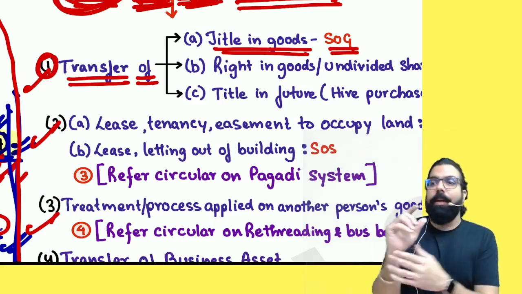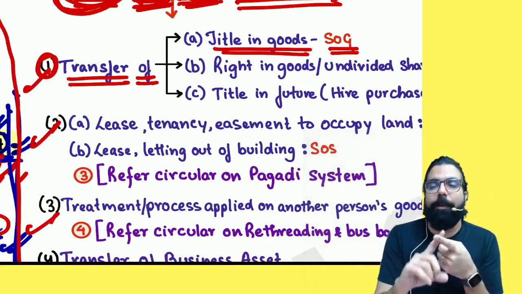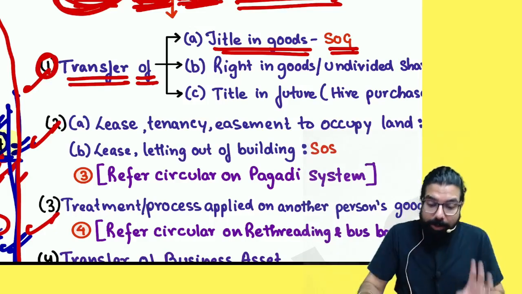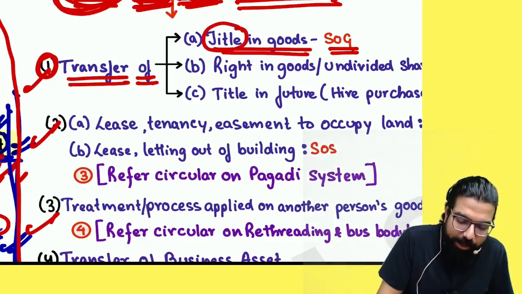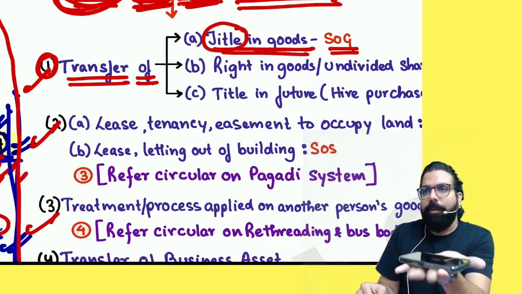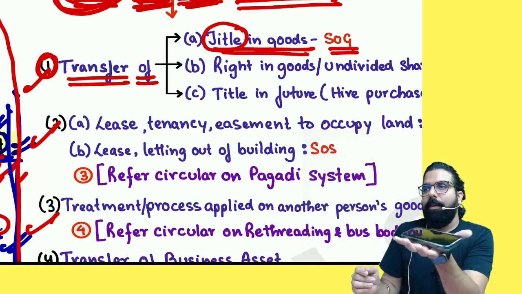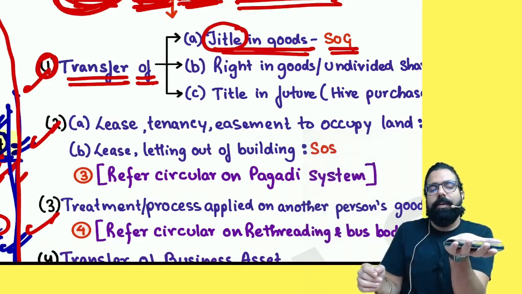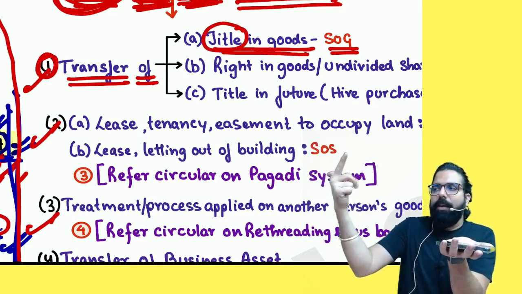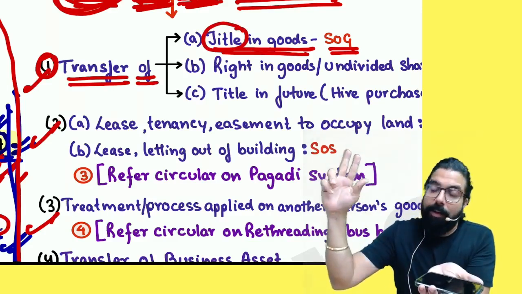For example, I am a seller of cars. I sold one car. When I sell a car, do I give you the possession of the car, and then I give the ownership also? If you give the title in the goods to someone else, say I sold a mobile phone, is it supply? Section 7.1, sale for a consideration in the course of business. Supply done.